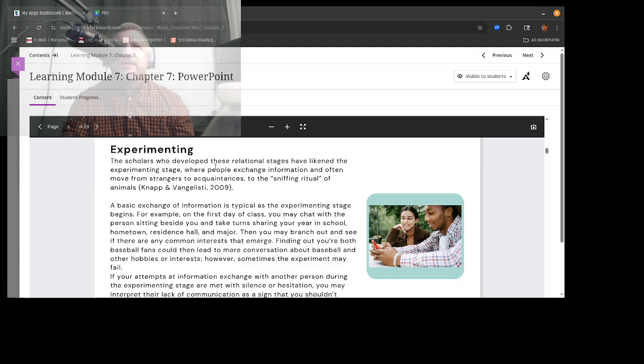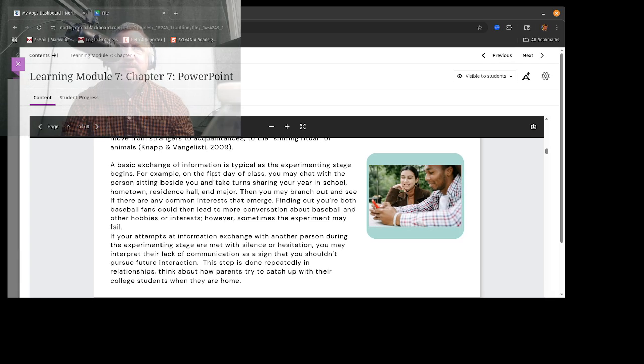The scholars that developed these relational stages describe the experimental stage as where people exchange information and start to make that move from stranger to acquaintance. They call it the rituals, the sniffing ritual, like dogs do, right? Or other animals do, where we are feeling out each other, kind of trying to bounce information off each other and seeing, hey, do I want to hang out with this person or not?